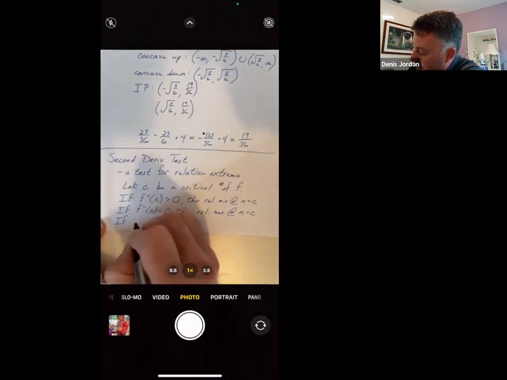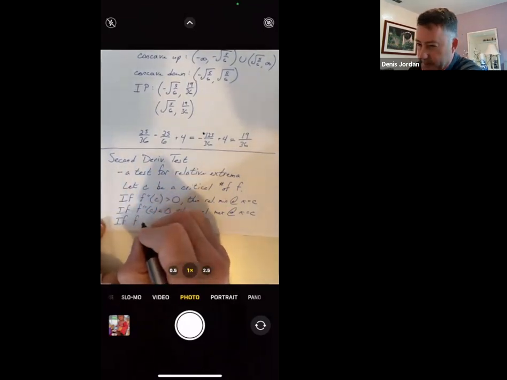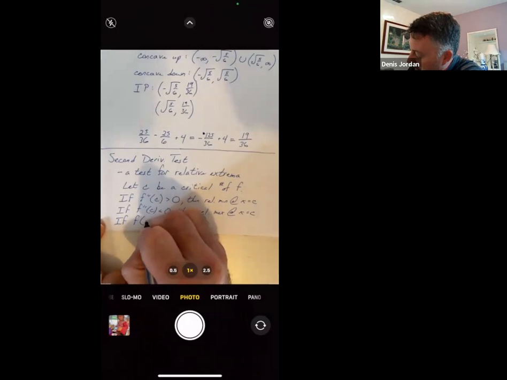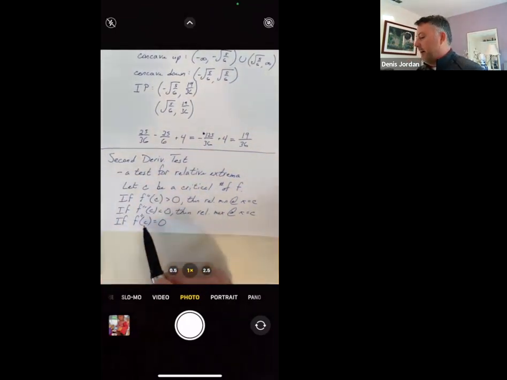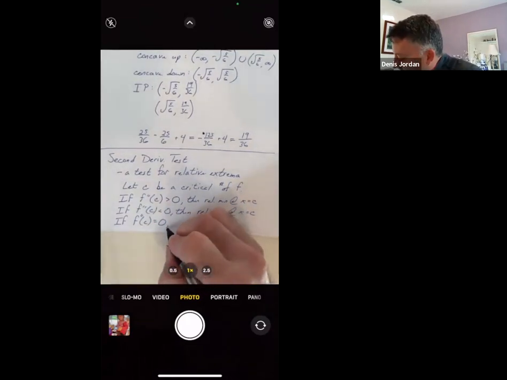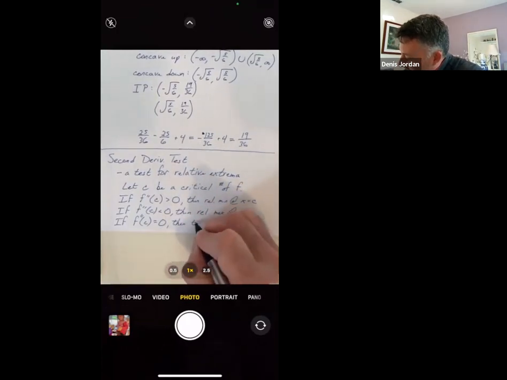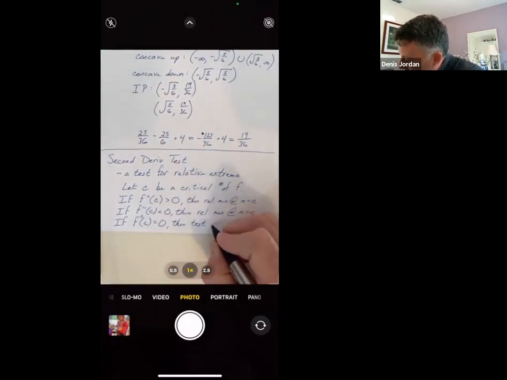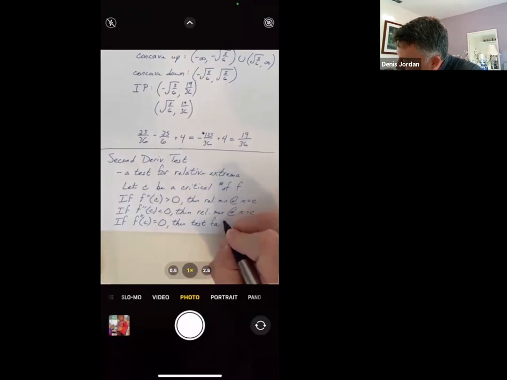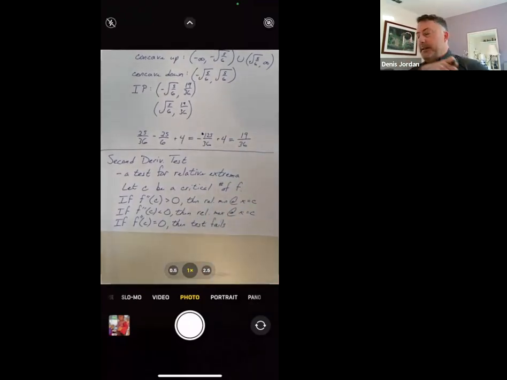And then the third case was the one that I think Christina mentioned. That's when you plug that critical number into the second derivative and it actually comes out as 0, then the test fails. So when we say that the test fails, does that mean there's no extrema there?